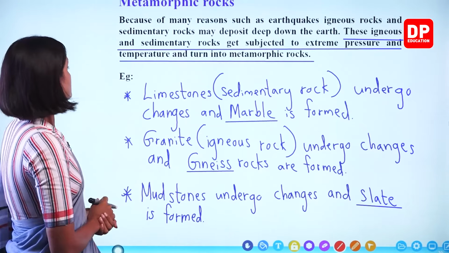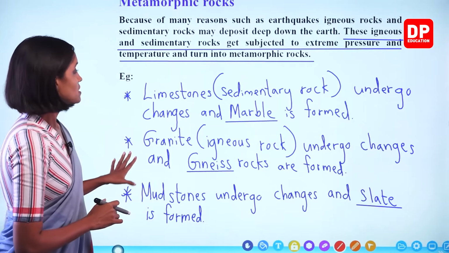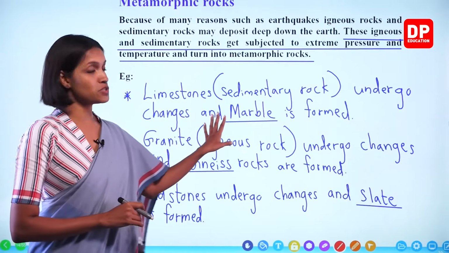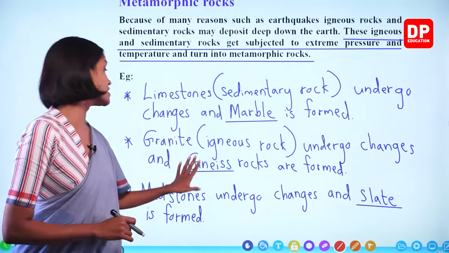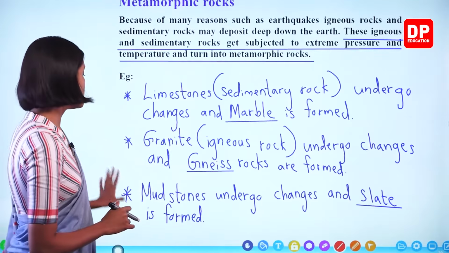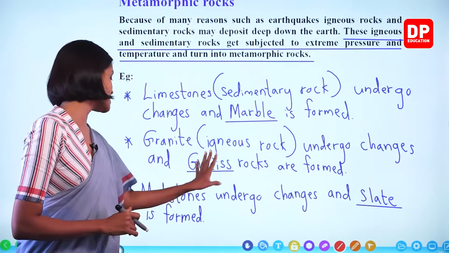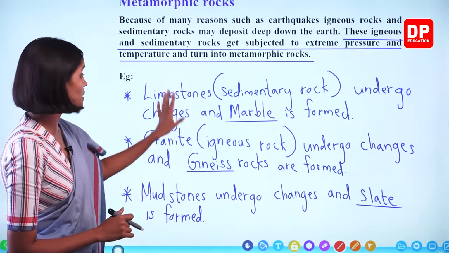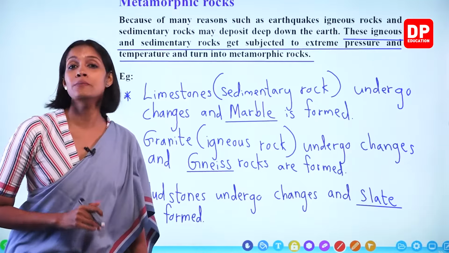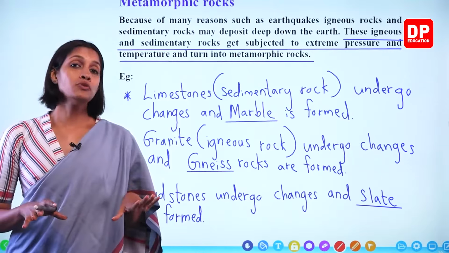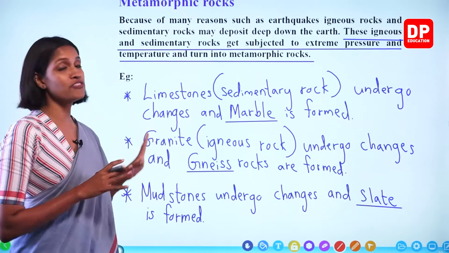Okay? So limestone undergoes changes and marble is formed. Right? Granite undergoes changes and gneiss rocks are formed. Okay? Mudstones undergo changes and slate is formed. So these marble, gneiss and slate all come under metamorphic rocks. Now you know how metamorphic rocks are formed.